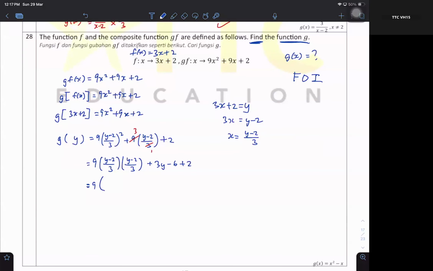Now this one, always do the bracket first. 3 times 3 is 9. Then this one expand. y times y, y squared. y times 2, 2y. 2 times y, also 2y. Negative 2 times negative 2 is positive 4.